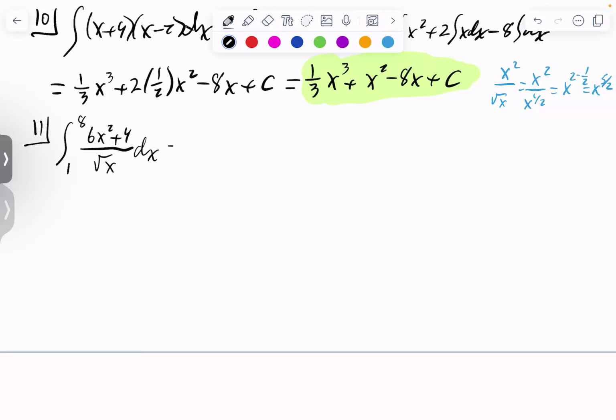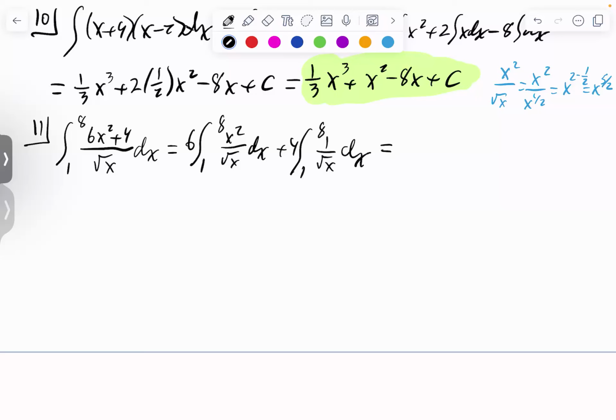Well, what I'm going to do is break this up actually into this. Notice I pulled the 6 and the 4 out in front.